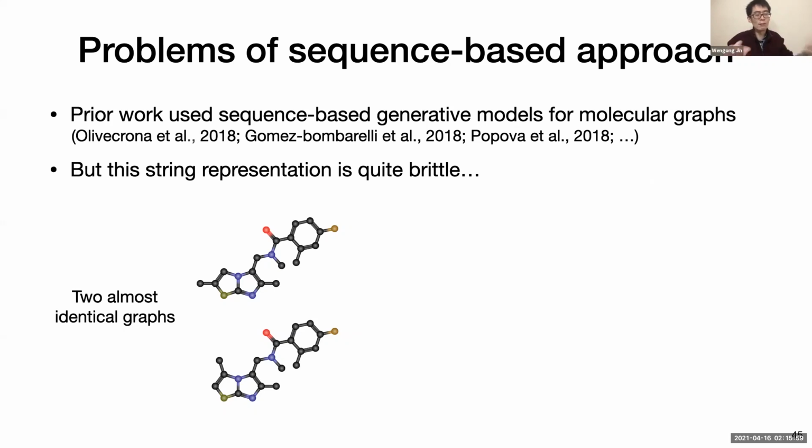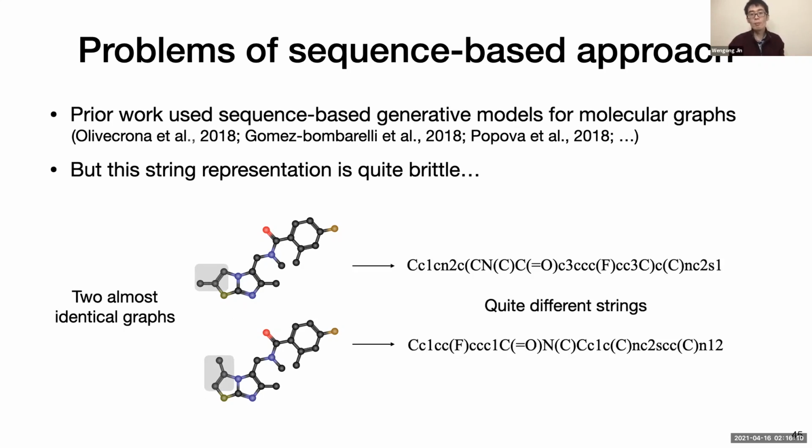If, for example, I have these two molecules or two graphs here that are almost identical, right? There's only a little bit of difference here. But if you look at their SMILES string representation, they are quite different. You see here, I highlighted all the differences in red, and it's quite a big chunk of them.